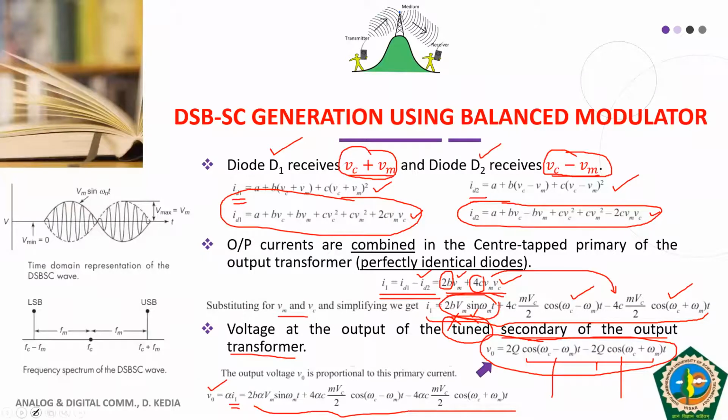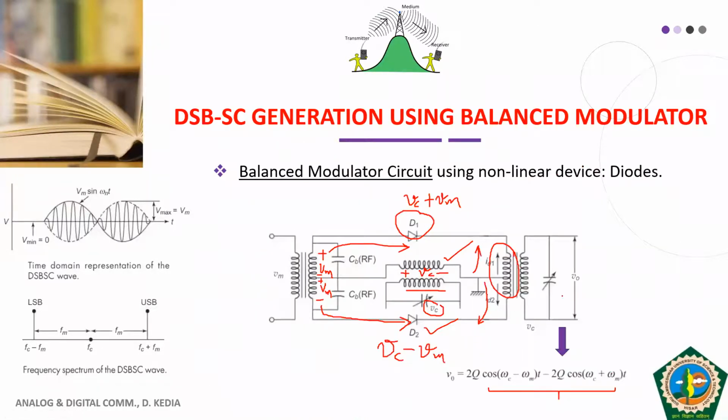Now let us move to the circuit again. See, this tuning, your output coil and your variable capacitor, is an LC filter. This tuning will remove the modulating signal component and leave only two sidebands, your lower sideband and your upper sideband.